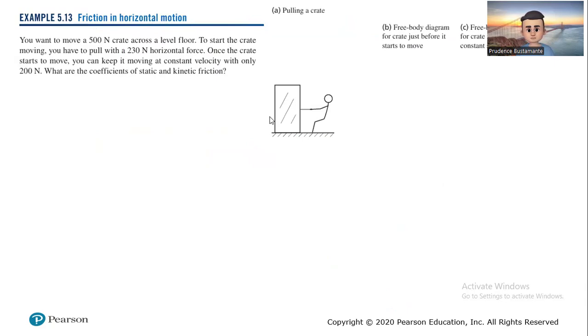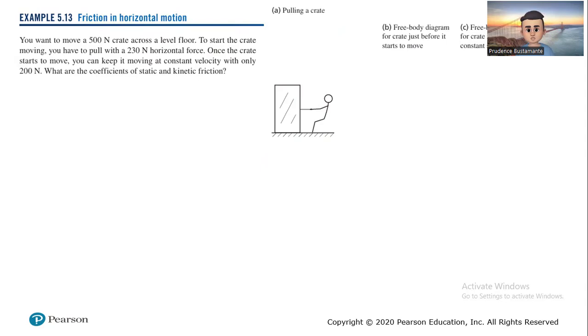With that, let's try a problem. Suppose you want to move a 500 Newton crate across the level floor. To start the crate moving, you have to pull it with a 200 Newton horizontal force.